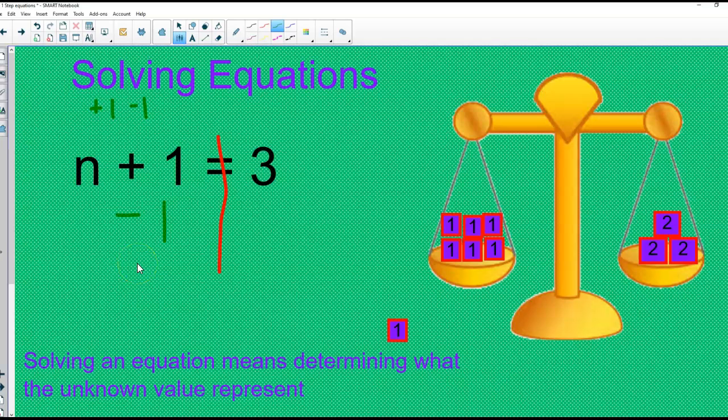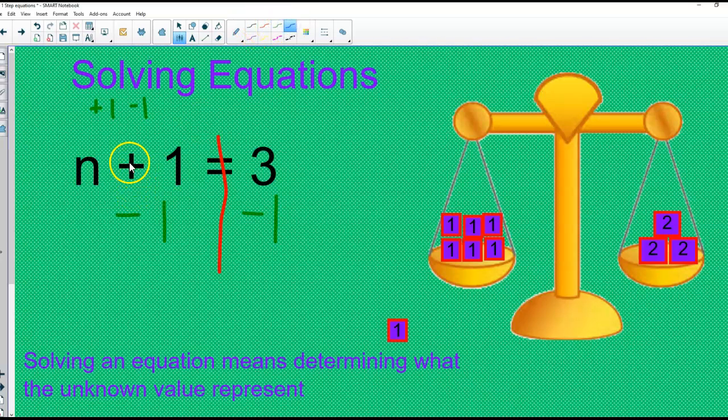Okay? But in an equation, as we said, what you do to one side, you have to have done to the other. So again, think of this as your scale. If I subtract 1 from this side, I also need to subtract 1 from this side. Okay? I've done the same thing to both sides of my equal sign. So now let's look at what we have left.